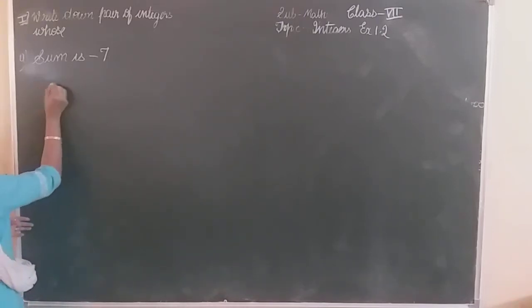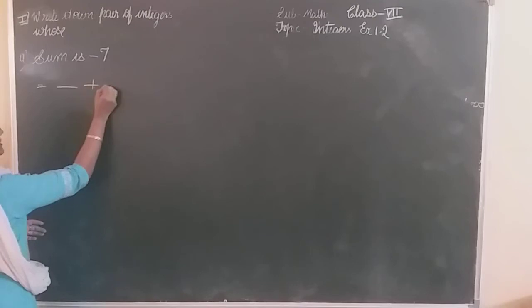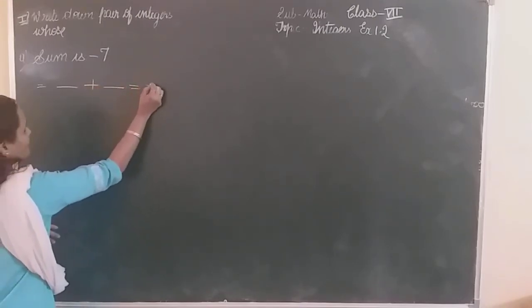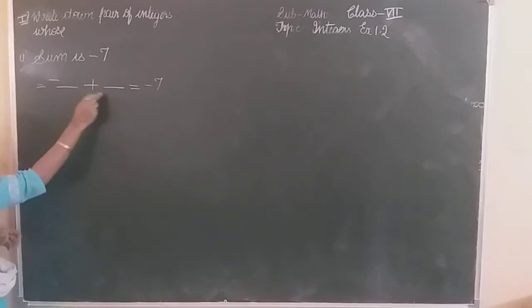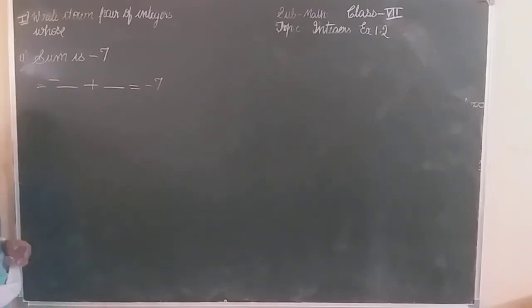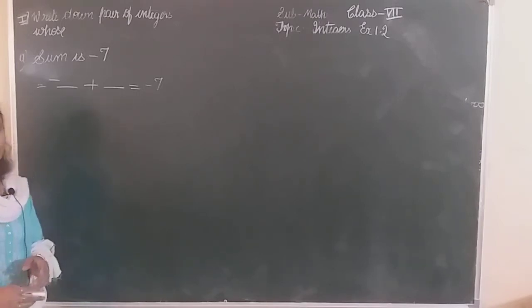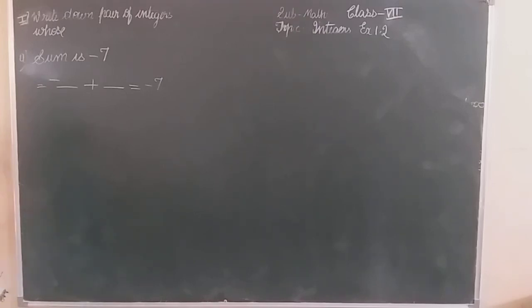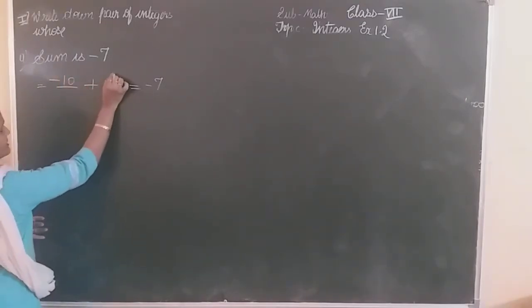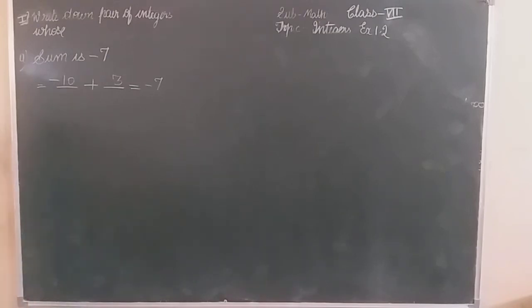So you take the biggest number, and when you add it with a smaller number, you should get -7. Which are those two numbers? When you subtract you get 7, that is naturally 10 minus 3. So when you apply the rule of integers, you get the answer as -7.